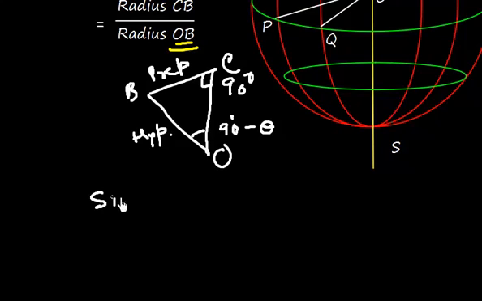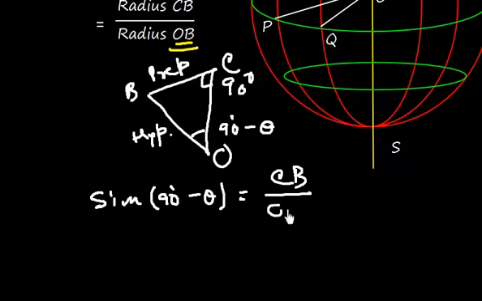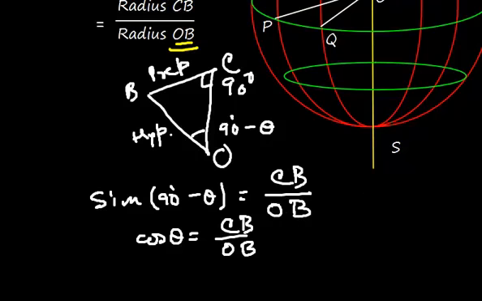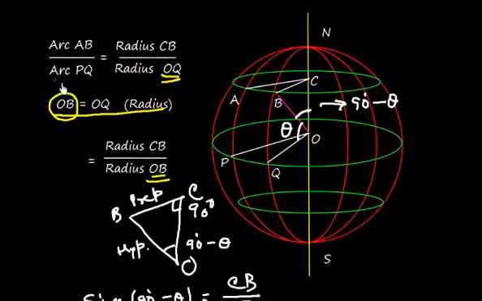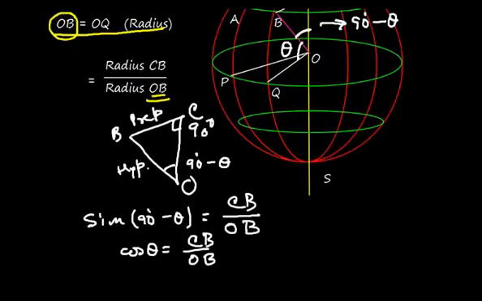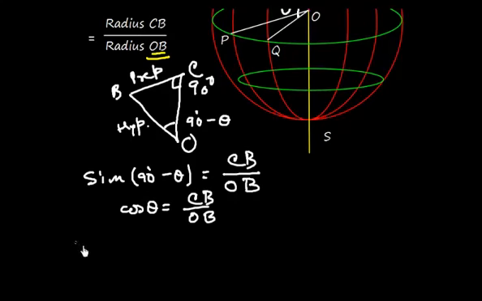So we can easily say that sine of 90 minus theta is CB divided by OB, or simply cos theta is equal to CB divided by OB. The relationship which we had earlier was arc AB divided by arc PQ, so arc AB divided by arc PQ is equal to cos theta.